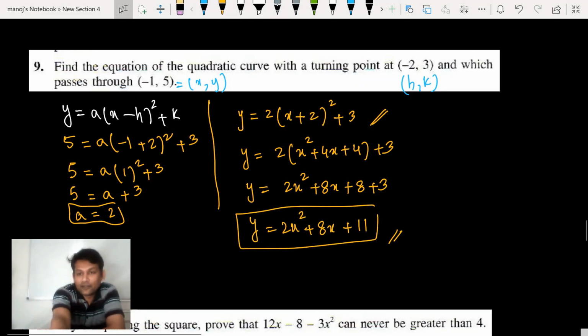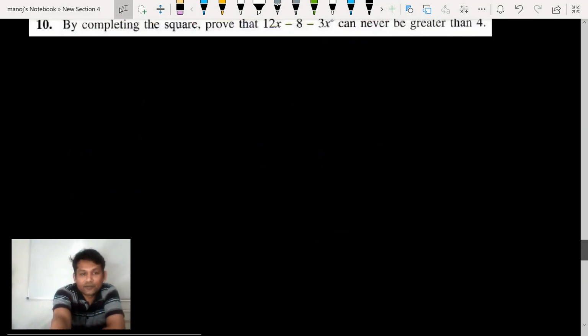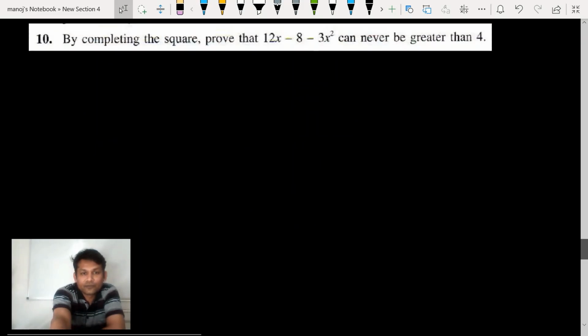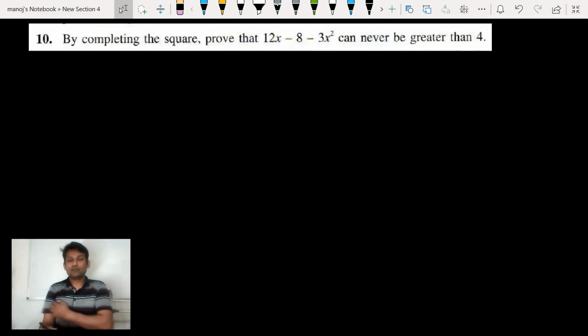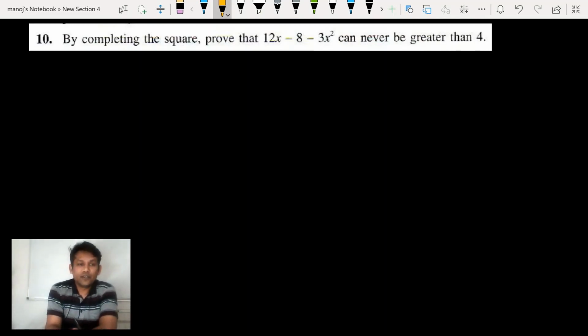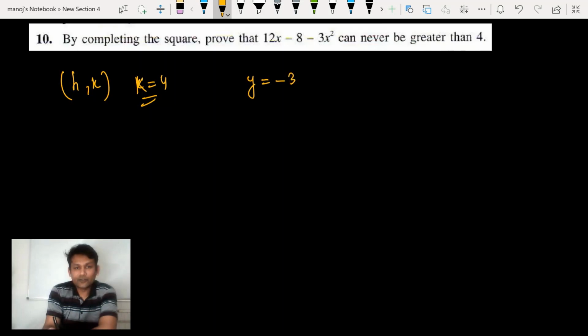Let's see which type of question is next. By completing the square, prove that this can never be greater than 4. Greater than 4 means the value of k should be 4, and we have to prove this. I can show you y is equal to, I want to write minus 3x squared first, then plus 12x, minus 8.